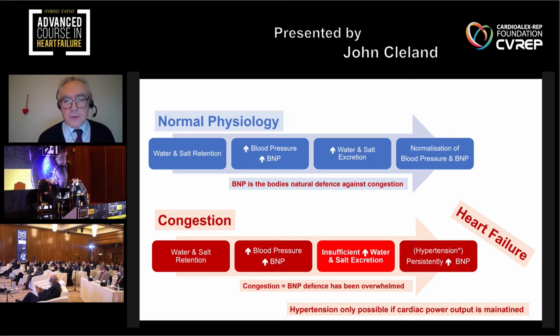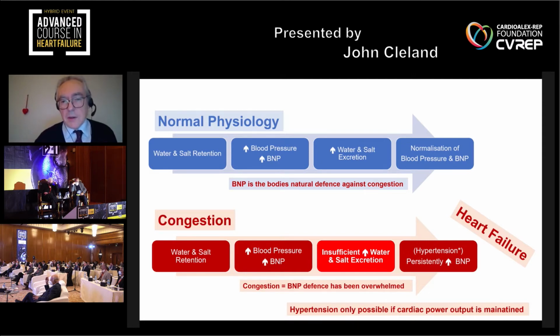And if there's a problem and you can't get rid of the water and salt, then that's what leads to congestion, and that will lead to a persistently elevated natriuretic peptide despite the water and salt retention. And you won't develop hypertension unless cardiac output, power output can be maintained.